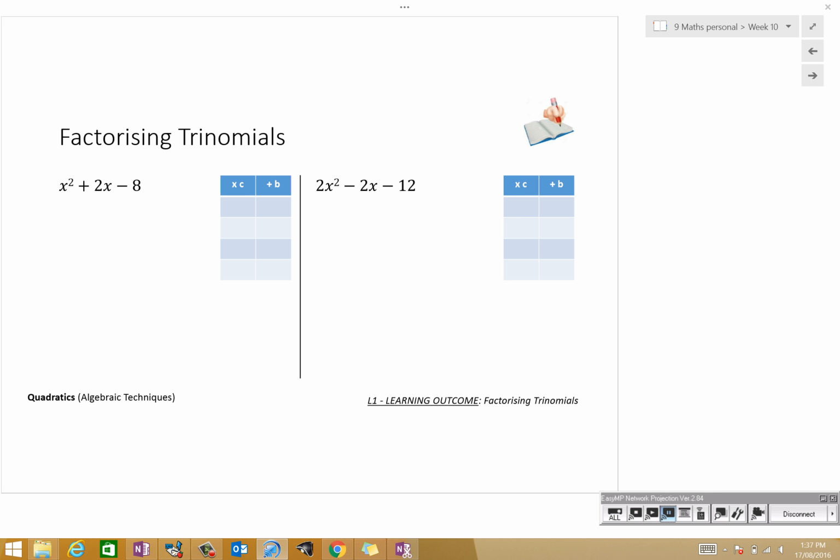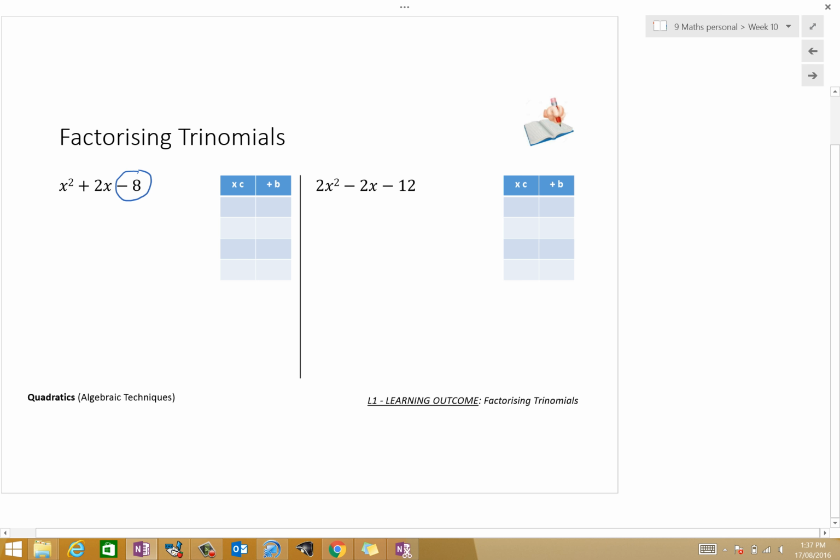So what we need is two numbers which multiply to give C, which is -8, and they add to give B, which is 2. So once again, set it out like this until you are really confident of this process. And you're not going to be confident yet, probably not even by the end of the week. Some of you might take a little bit longer than others, which is fine. I've got those two numbers which add to give 2.